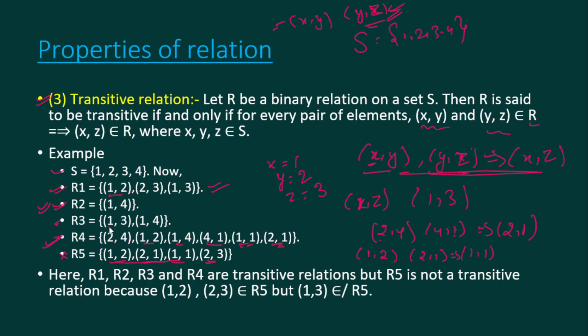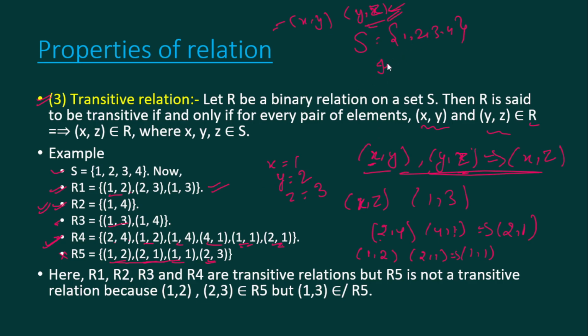Same here, 1 comma 3 is present, but 3 comma z is not present. Same, 1 comma 4 is present, but there is nothing like 4 comma z present. So when these are not present, we can say that it is also a transitive relation, because we are not able to form a single relation.